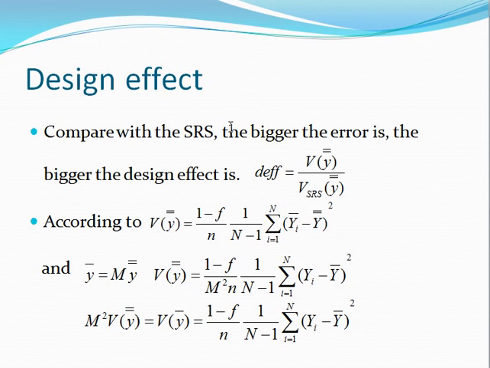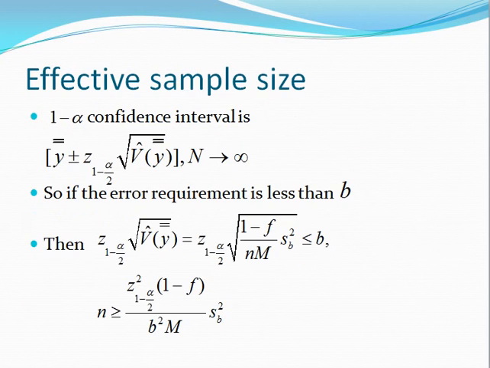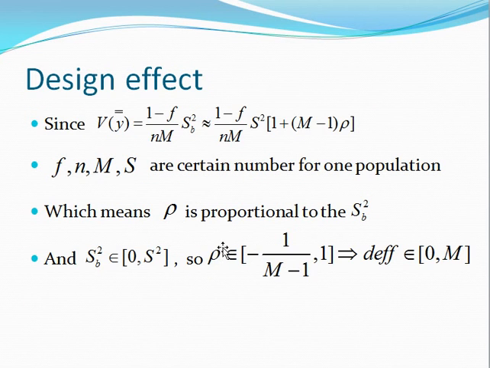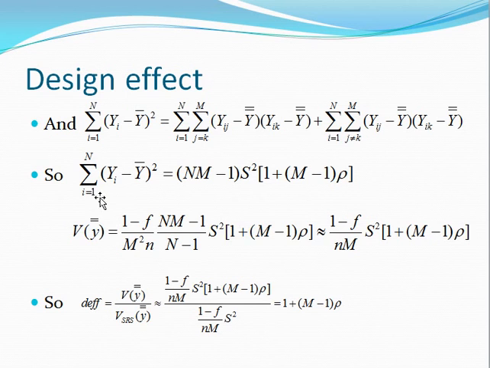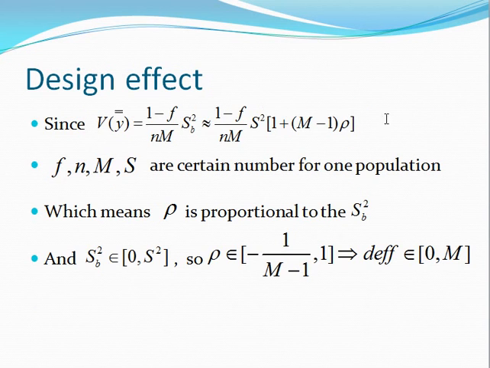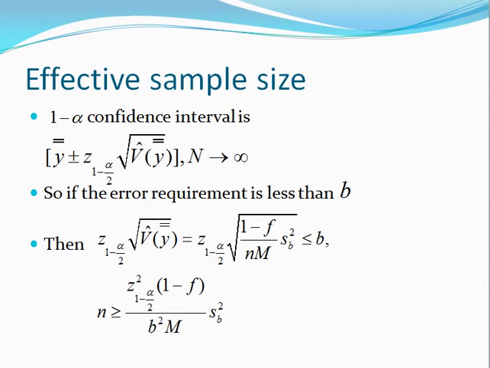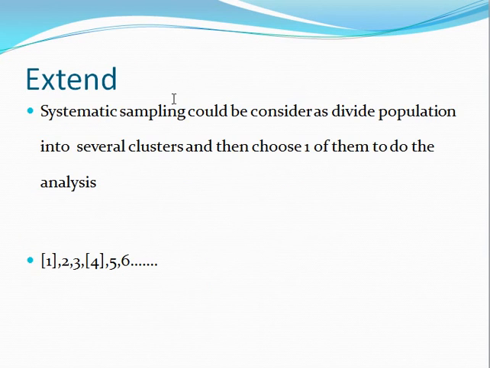And then we got the equation which could be used here, which contains the rho which we got before. Based on this equation, we got the connection between the S_B square, the rho, and the design effect. We also have how to calculate the sample size we need, and some extensions, where other sampling methods could be considered as the cluster sampling method.